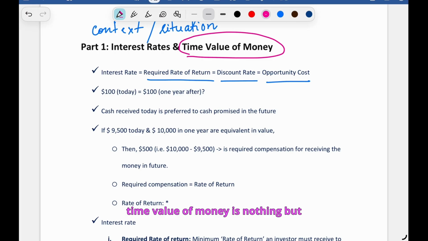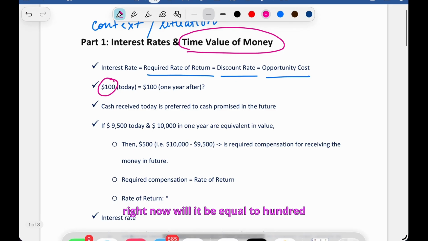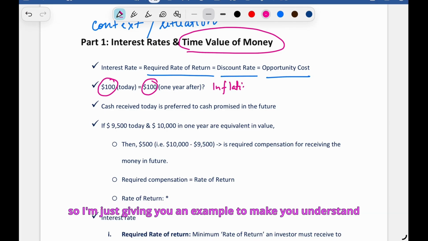Time value of money is nothing but, if I ask you, is $100 today, right now, equal to $100 a year after? You would definitely say no, right? There is a concept called inflation. So I'm just giving you an example to make you understand time value of money.